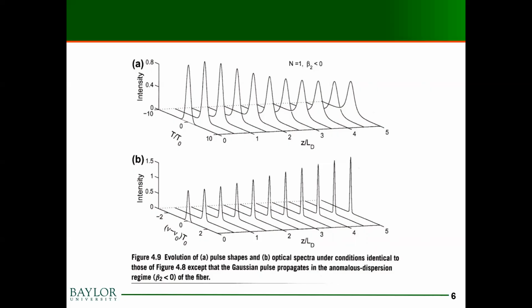Remember that dispersion adds the phase in the spectral domain, and nonlinearity adds the phase in the time domain. But in the end, if they have different signs, if k naught double prime is less than 0, they could cancel each other.